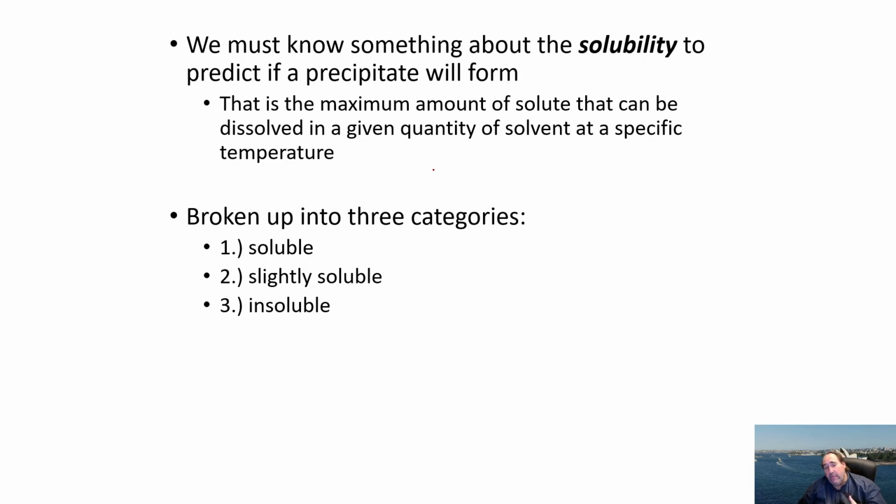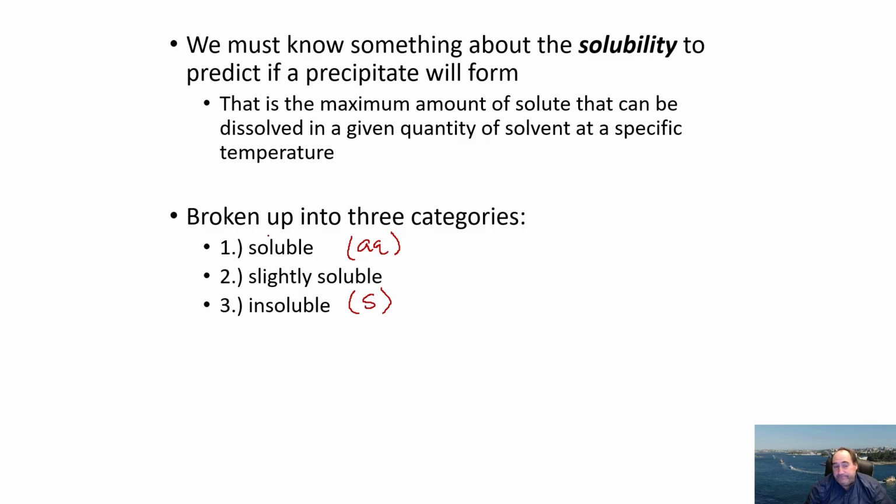Now, usually when we talk about solubility, it's broken up into 3 categories. It's broken up into soluble, which means you would not expect a solid to form. And those are the ones that, when we look at equations, have the aqueous symbol next to them. So things that are soluble typically will have that aqueous symbol. If things are insoluble, they typically will get the solid symbol next to them.